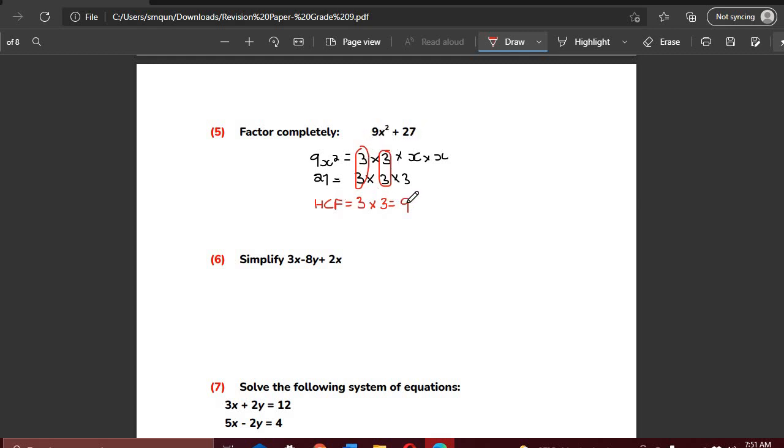Okay, so what do we do with this HCF? We're going to divide each term by the HCF that we just found. Okay, after we do that, we're going to write the HCF on the outside of a pair of empty brackets. Then we go ahead and divide. All right, so 9 into 9 is 1.